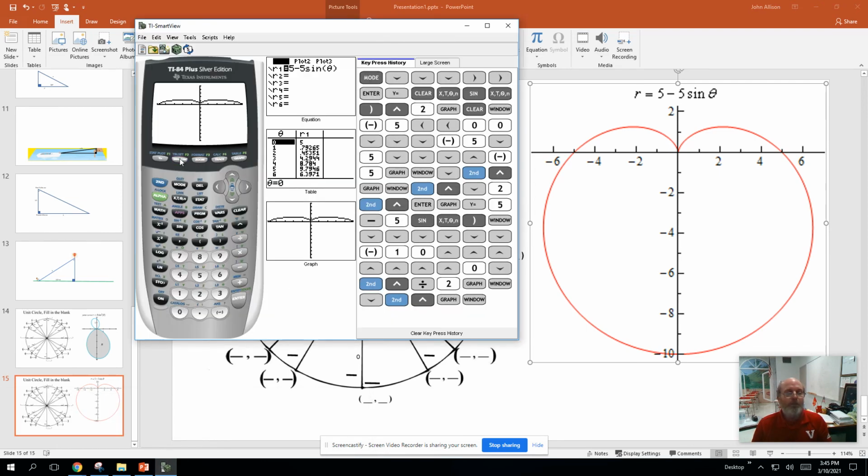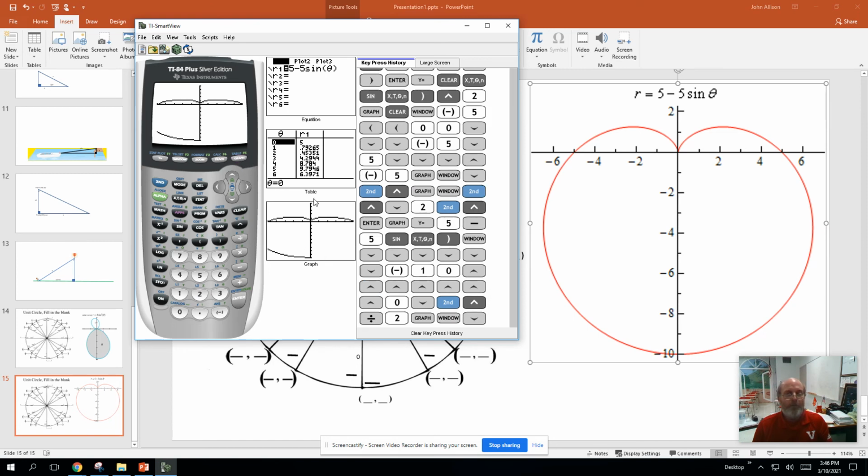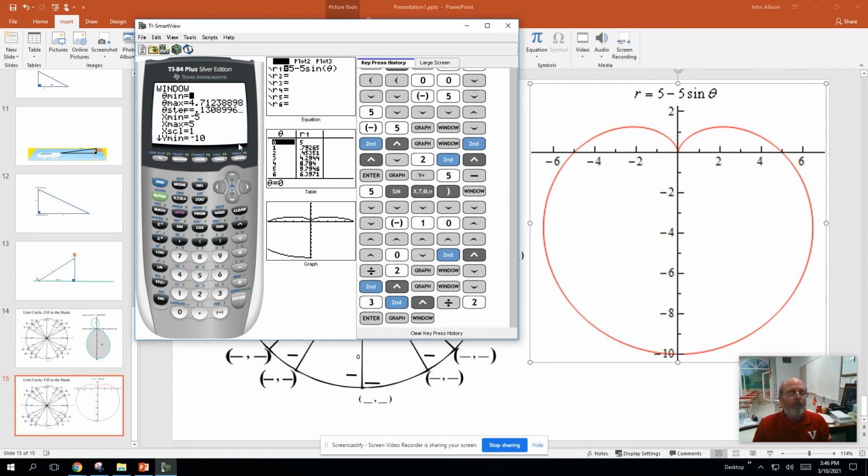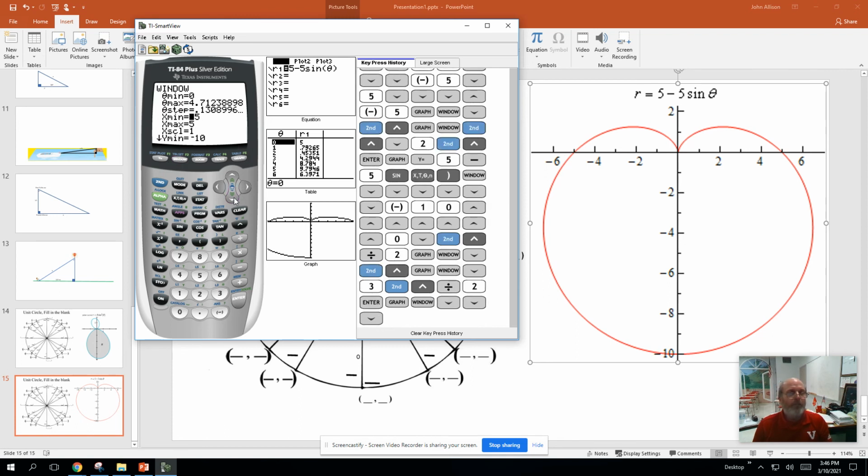Let's go ahead and do this. Window, change this to 3 pi over 2 now. So you can see it just graphs this part. So I'm going to change this to 3 times pi over 2, and it'll graph just that part. Looks like I need to make it a little bigger there. Let's make the window x min -7 and x max 7.